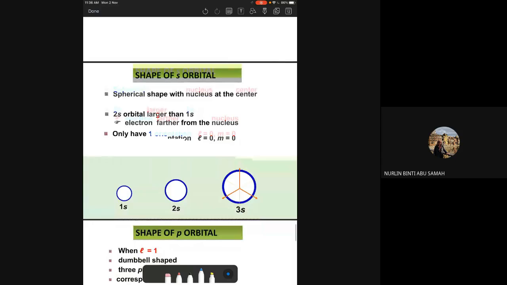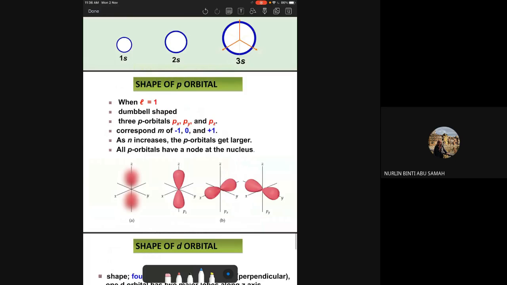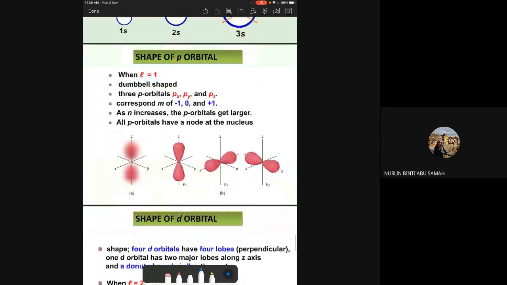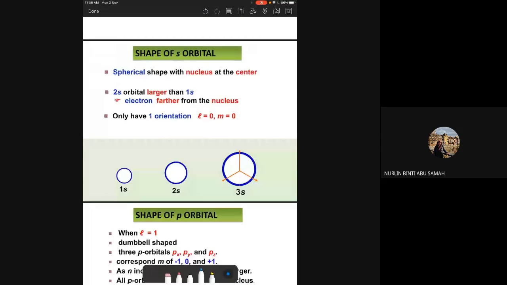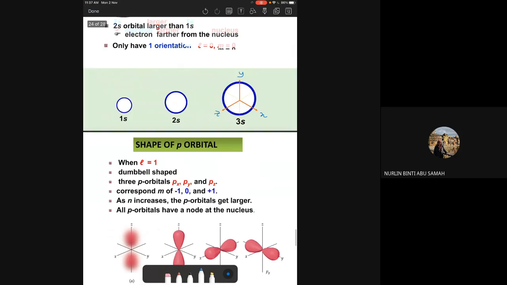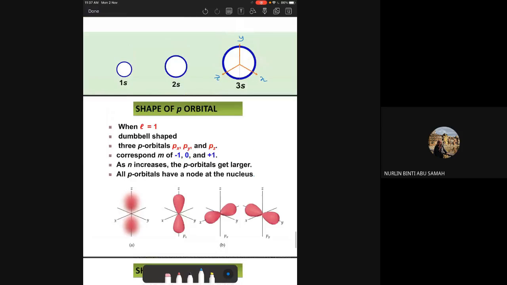Okay, shape of p orbital ni. Shape of the orbital, like for this one, this is spherical. So this is just for your information, that if s orbital, dia mesti bentuk spherical, di mana shape dia akan bersifat sama pada semua arah X, Y, Z. And shape of p orbital, dia berbentuk dumbbell.